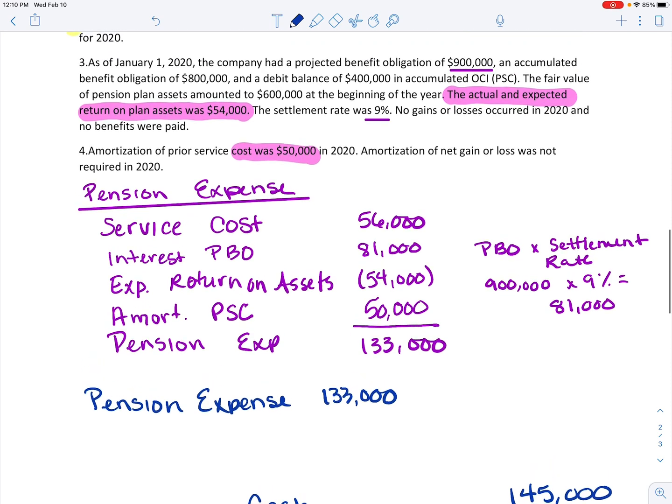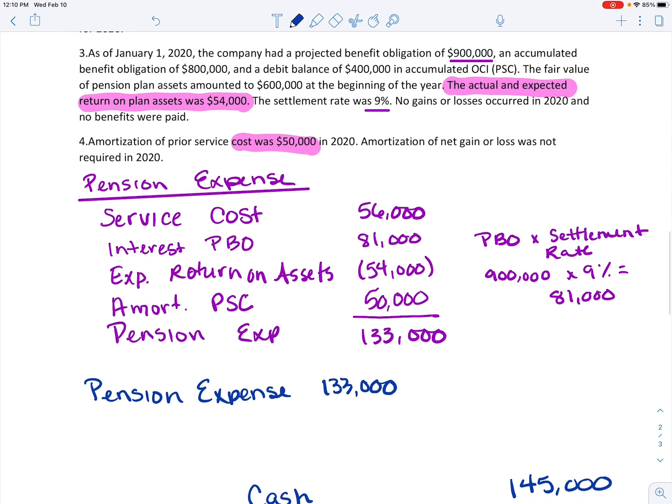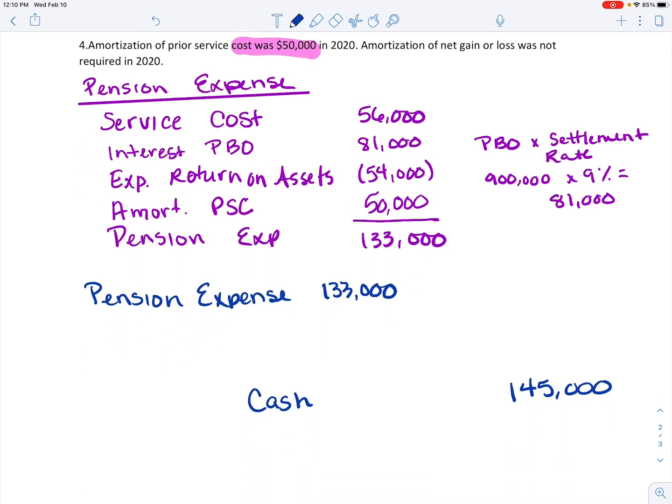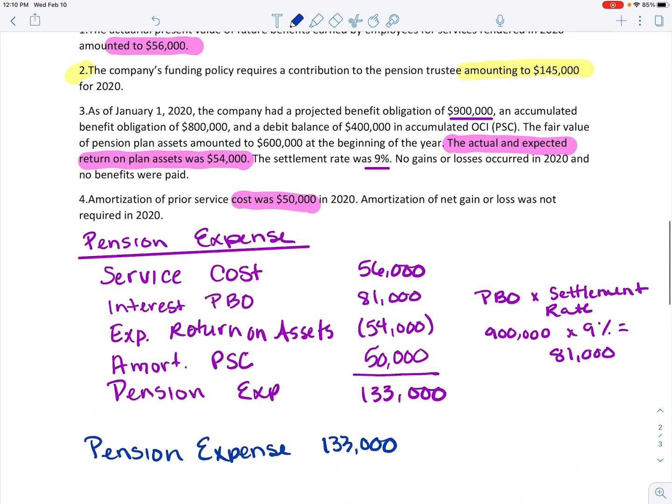The prior service cost is going to fall into my other comprehensive income and loss. So I'm going to record that as part of $50,000 here.